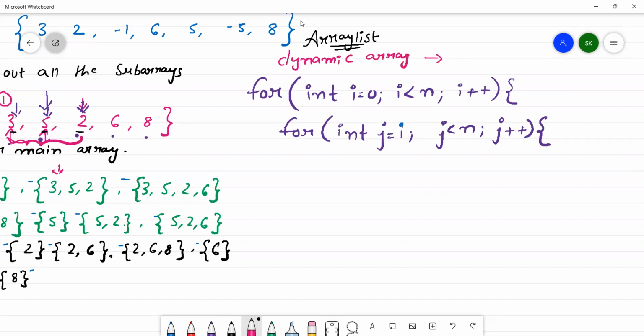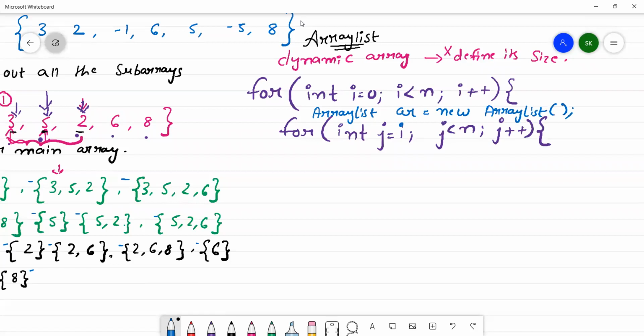You do not define its size, and whatever number of elements you want to add, you can just add. This is the basic introduction to arrays. If I write the ArrayList syntax here, it will be ArrayList AR equals new ArrayList, open braces, close braces, and that's it.